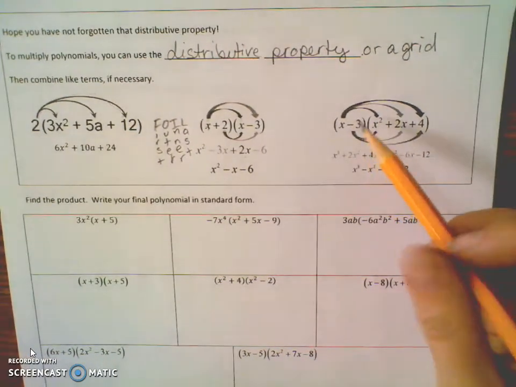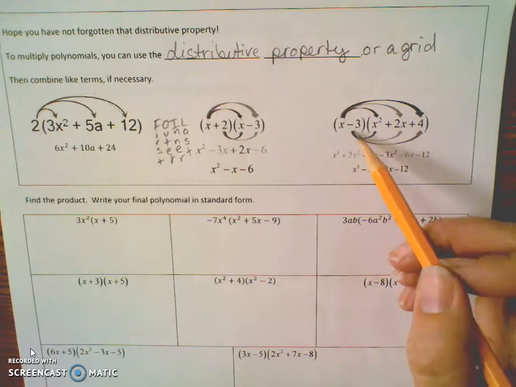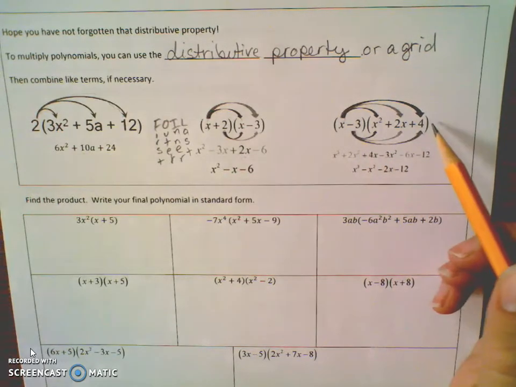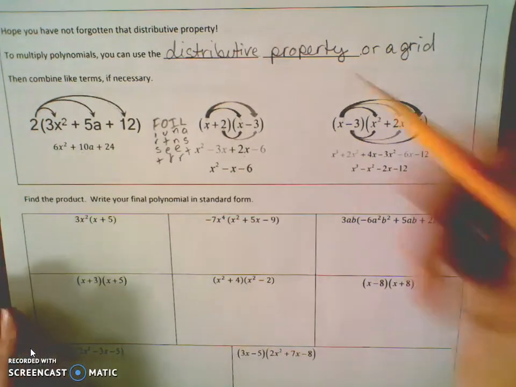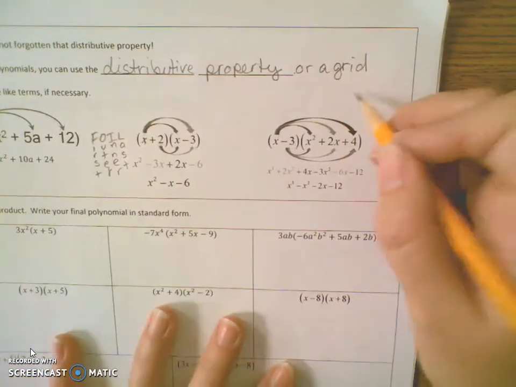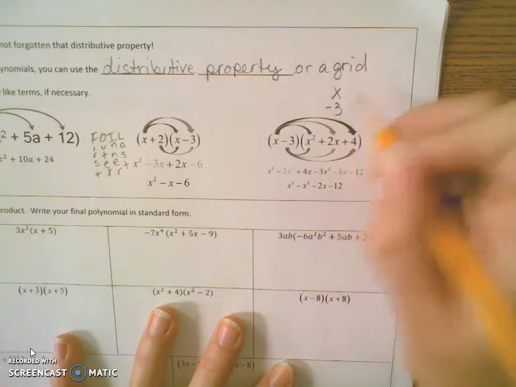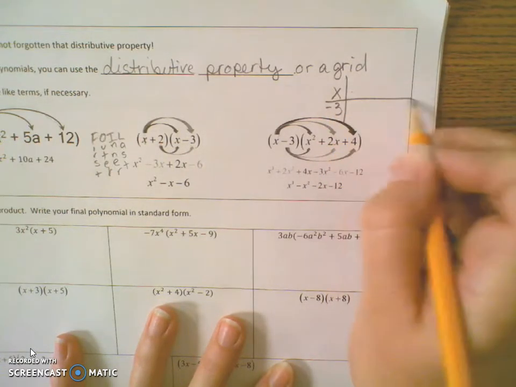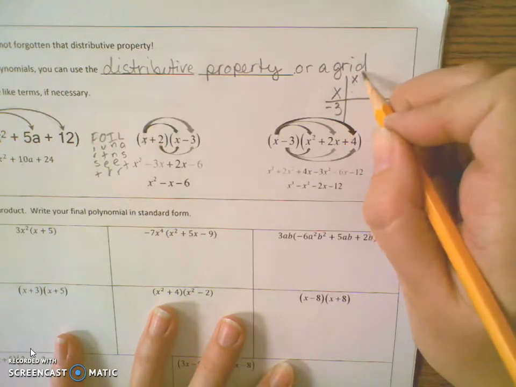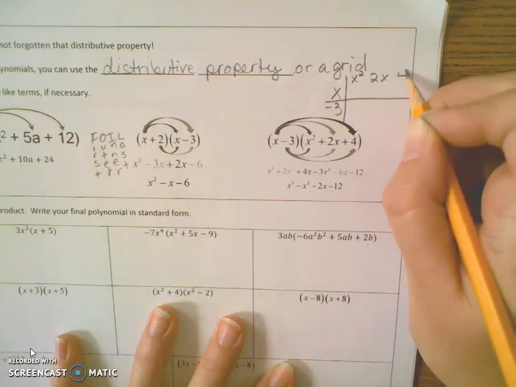When we have something like this, we have to do the x times every one of those numbers, and we have to do the -3 times every one of those numbers. A way to do it with a grid, I'll show you on this one here. So we could have something like x and then -3, and then up here I would have my x squared, and then 2x, and then 4.